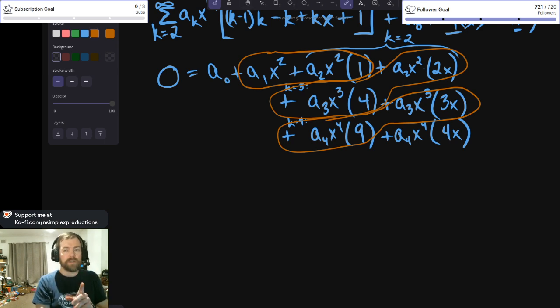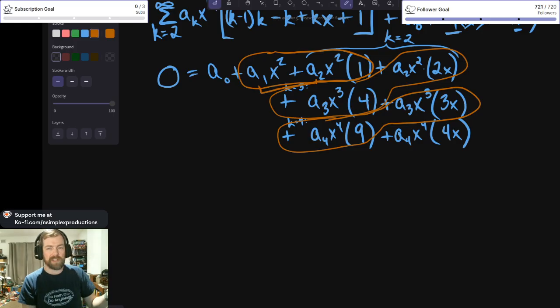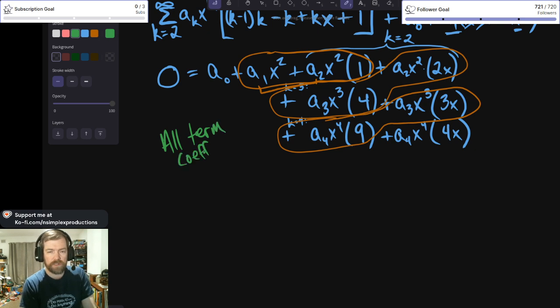Okay, so here's the exciting part. Now we can equate something with an A2 and something with an A1. Something with an A3 to something with an A2. That's where we get the, oh, hey, this works thing. So, in order to get 0, all term coefficients must sum to 0.